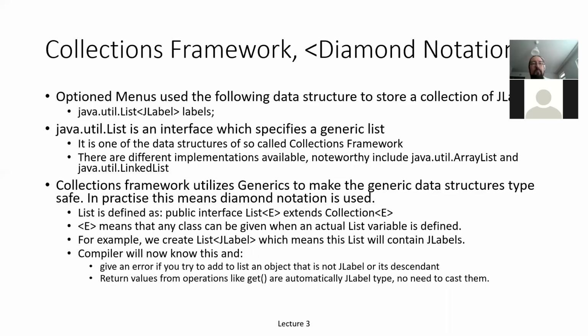So using these generics and this diamond notation is recommended whenever you receive a class which supports it, for example this Java util list. If you are not yet familiar with this, I definitely recommend you get to know it.